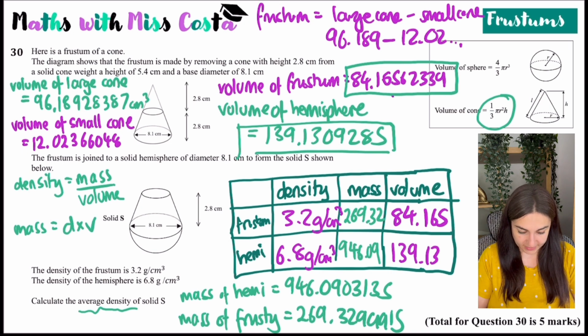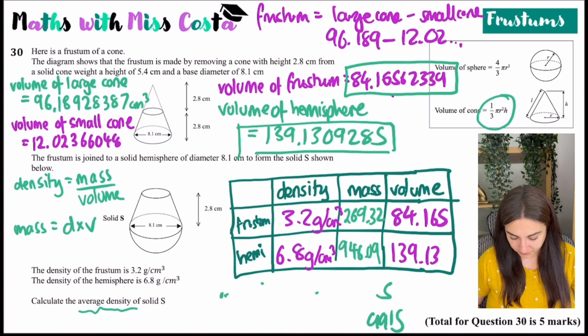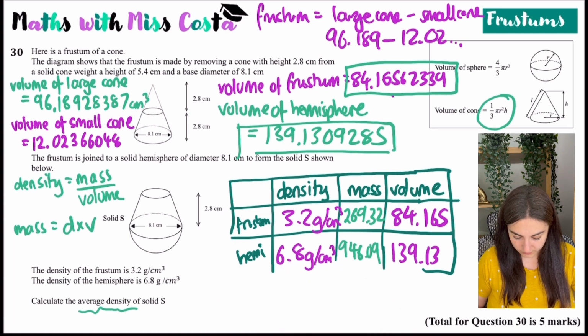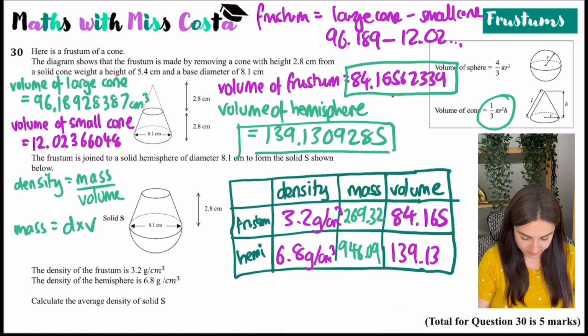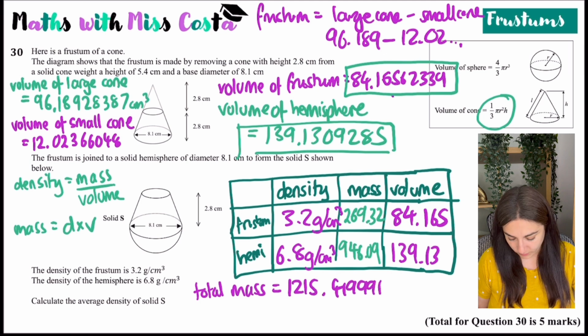So plus 946.09 equals, right, so the total mass is 1,215.419991.